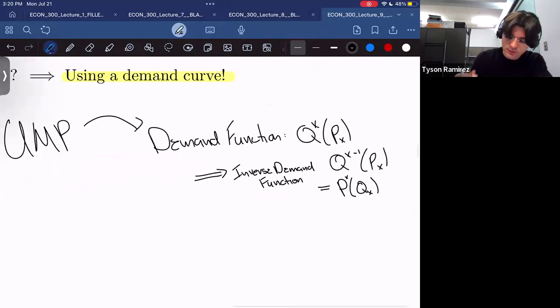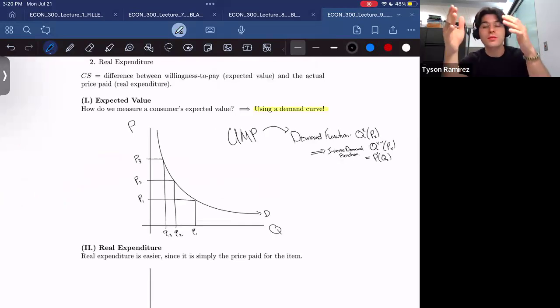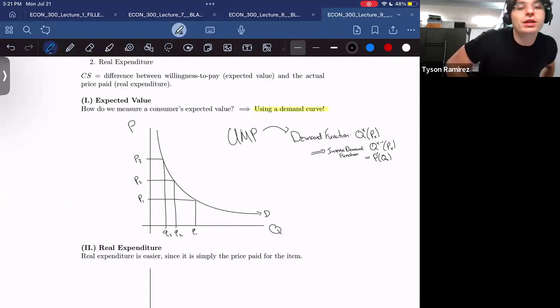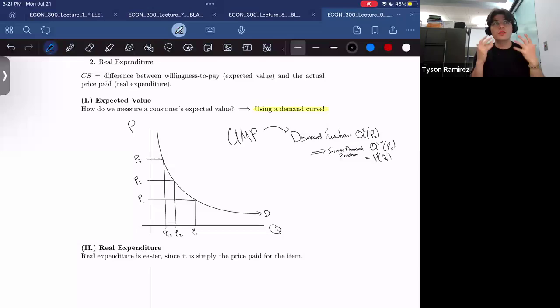So from the consumer's problem, we got a demand function. And from that demand function, if we just invert it, swap our X's and our Y's, then we get something like this: a downward sloping bowed curve. This is what we define as the expected value.